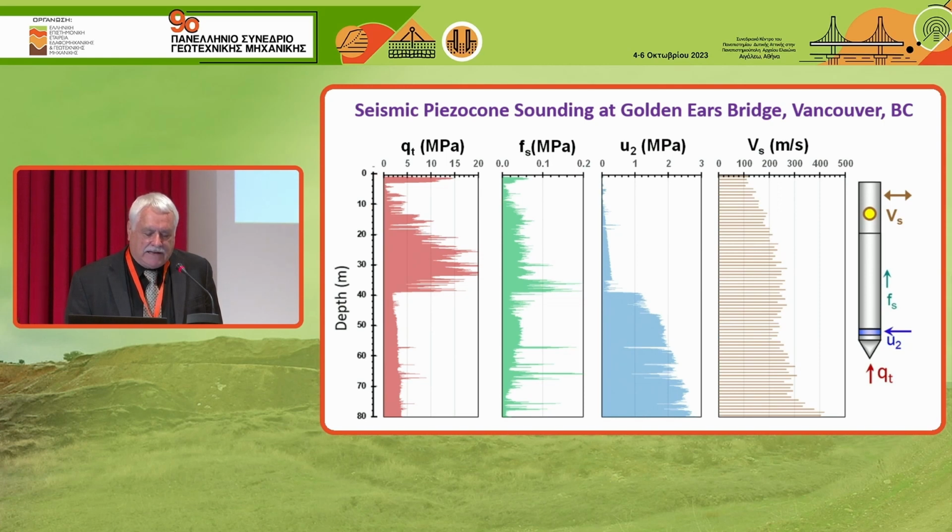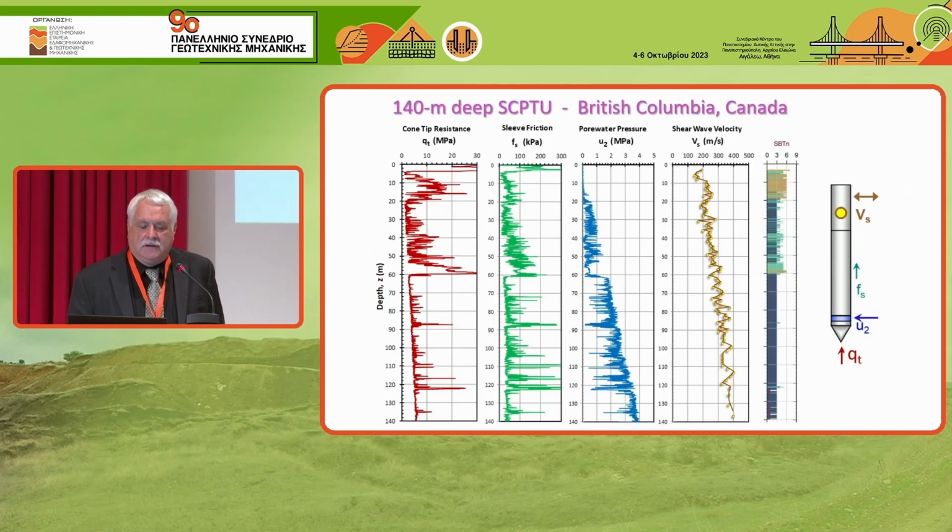Here's a sounding going down 80 meters. Similar. It's fairly deep. Also in British Columbia, here's one that goes 140 meters deep. In fact, I have a soil boring next to it. The soil boring went 140 meters, and that cost 800,000 euro and took 11 days of continuous drilling.